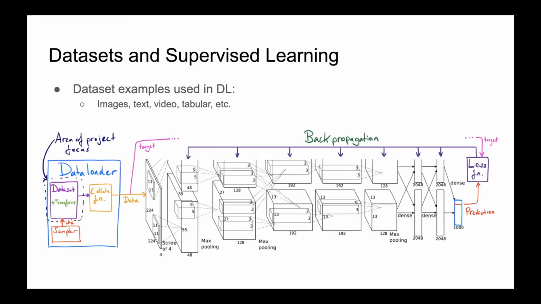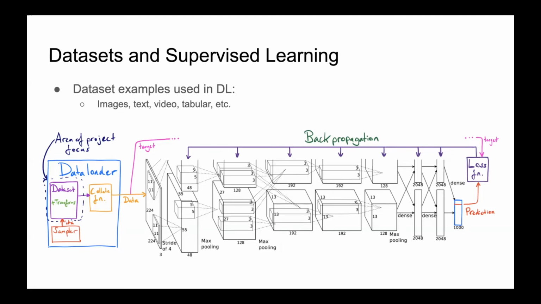This is a brief introduction to datasets and supervised learning. Here I've got a generic AlexNet model and then a zoomed in image of the data loader. Essentially, in the data loader, a sampler will calculate the indices to choose from the dataset. This will be shuffled, so it could choose any number of random indices.